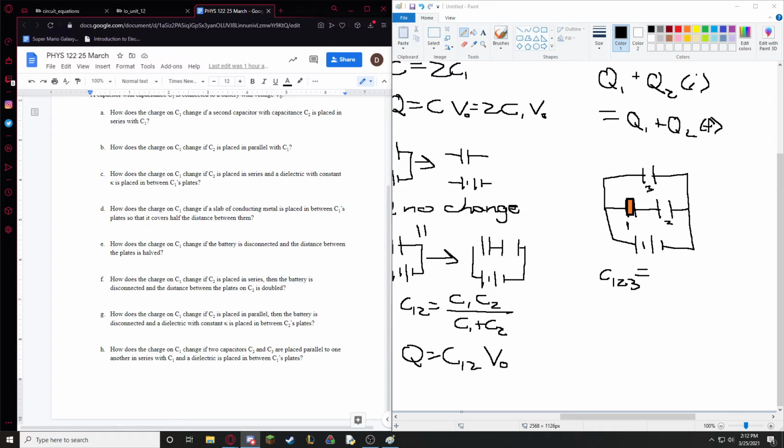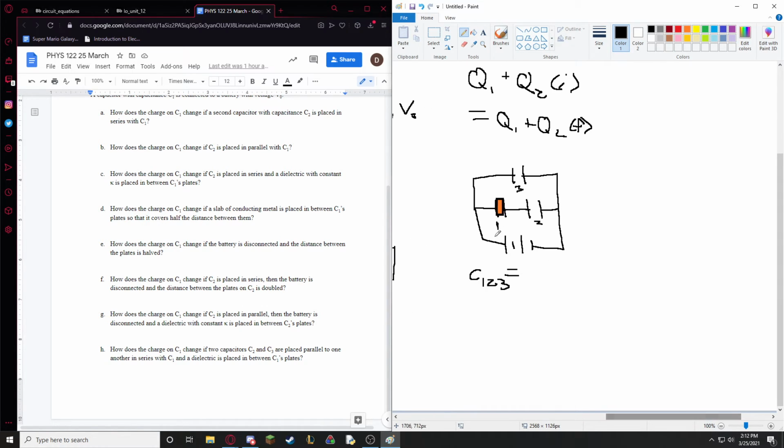Yep, exactly. C123 is going to be C12 plus C3. So I'll have the C3 here. And how do we get C12?